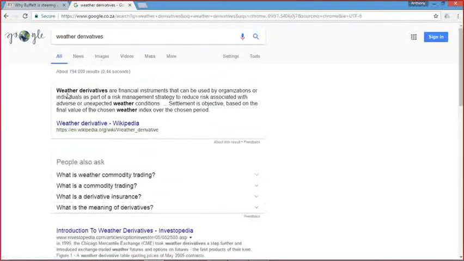There we go. A weather derivative is a financial instrument that can be used by organizations or individuals as part of a risk management strategy to reduce risk associated with adverse or unexpected weather conditions. So you can buy a product. If the sun doesn't shine tomorrow, we're going to get a payout.